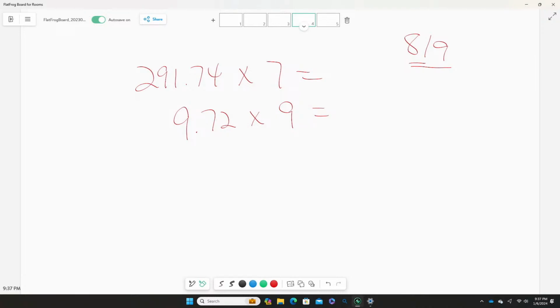So 291.74 times 7 equals 2,042.18. I will double check that. 291.74 times 7 equals 2,042.18.